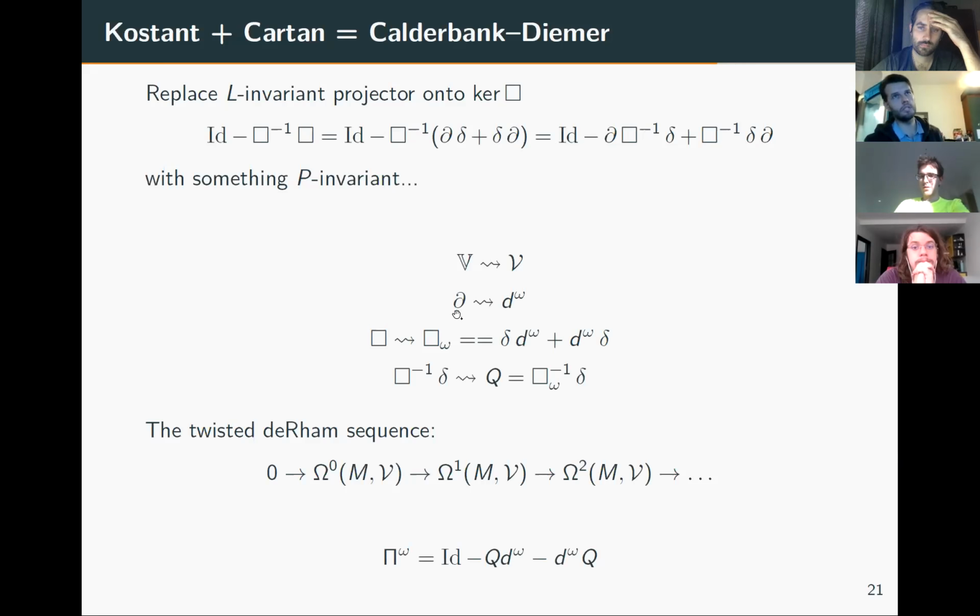You pass from the algebraic cohomology differential, which is messing up your P invariance, to this twisted theorem, which includes it. So you basically add some curvature terms and differentiation terms using this Cartan connection. You pass from the algebraic Laplace operator to something which uses just P invariant operators, which are well defined on these sections.